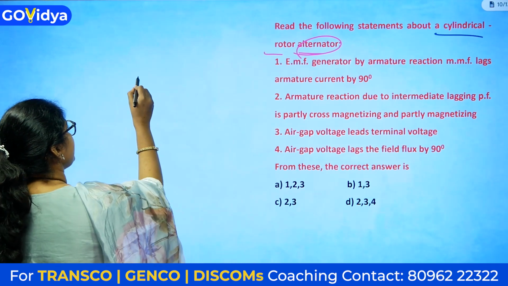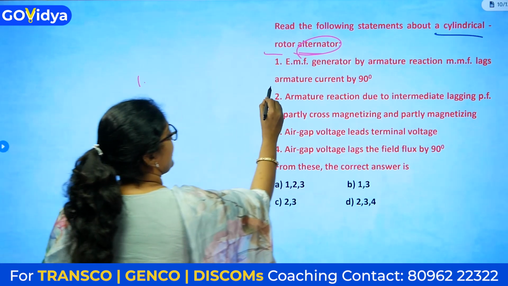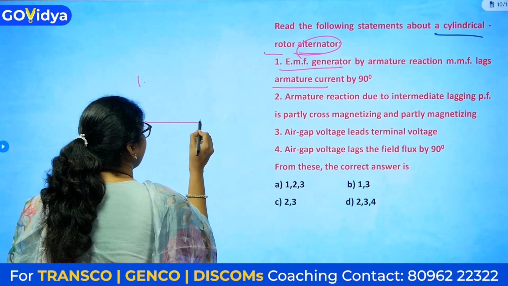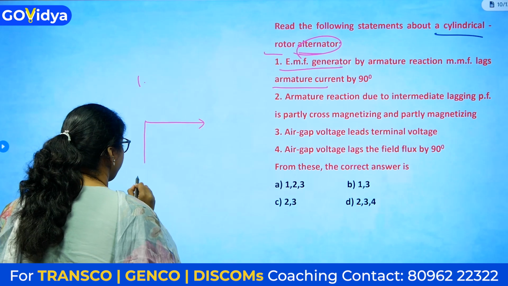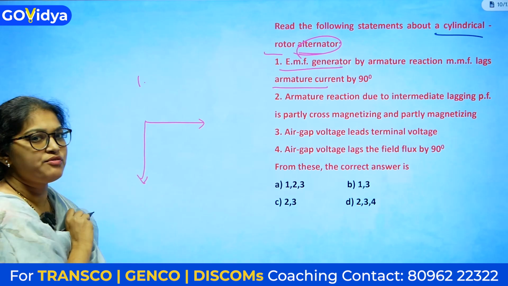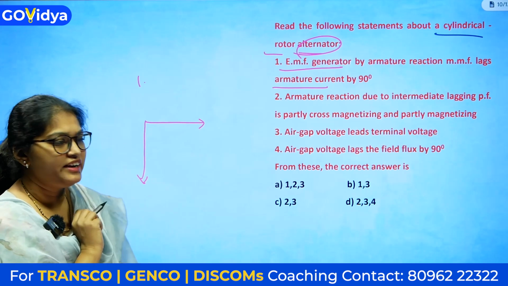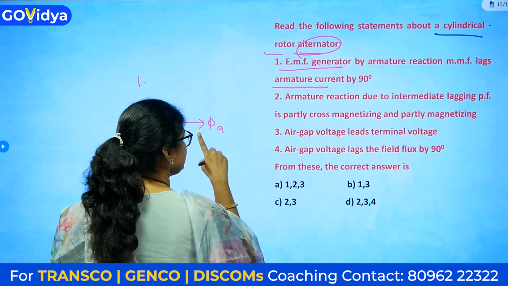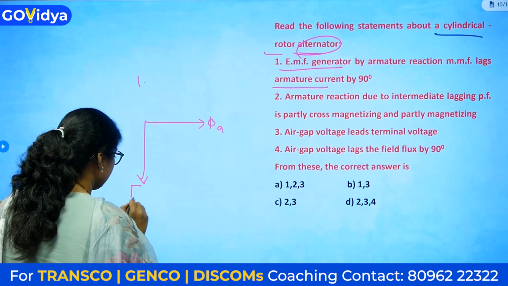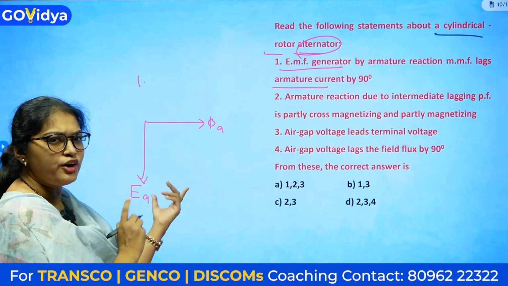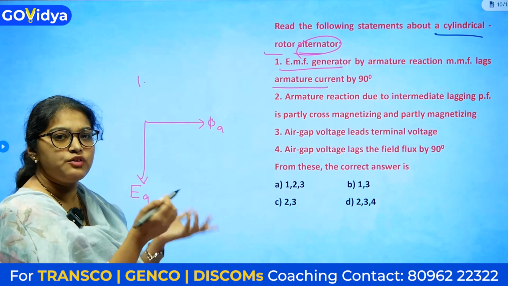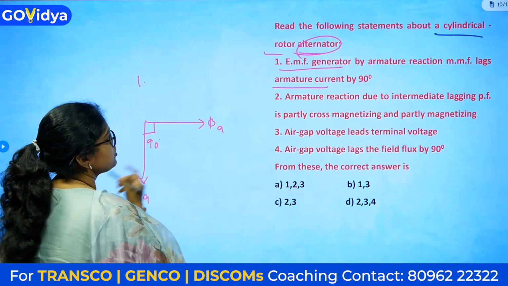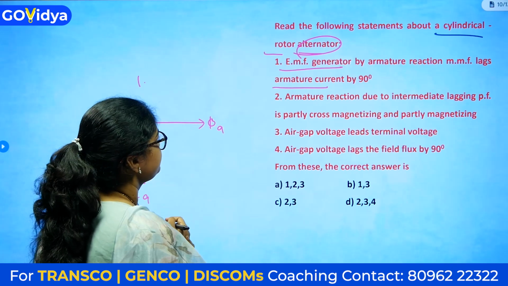So by Faraday's law we know that flux and generated EMF are lagging by 90 degrees. So this will be the flux, armature flux, and this will be the armature EMF. According to Faraday's law, in general it will lag by 90 degrees. So option 1 is correct.